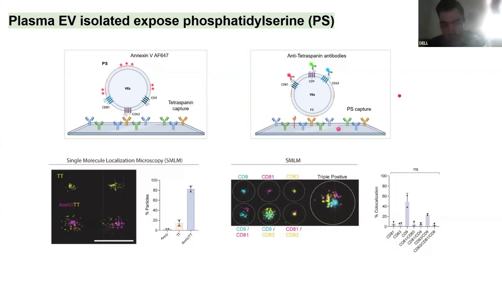Regarding macrophages, they don't release a high number of EVs, in comparison with plasma, where you have millions and millions.